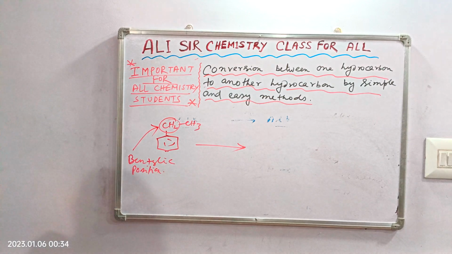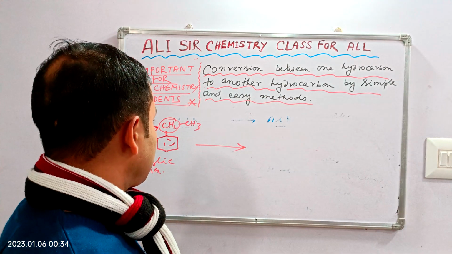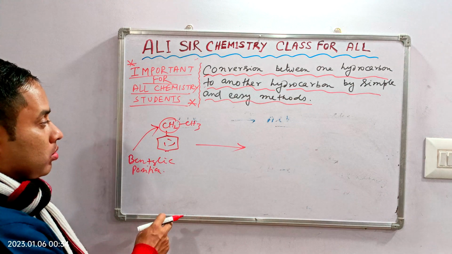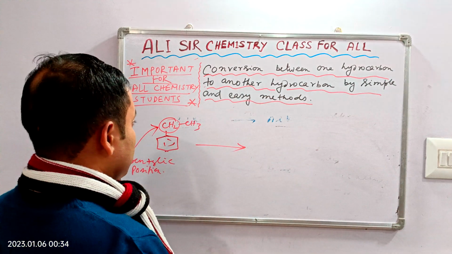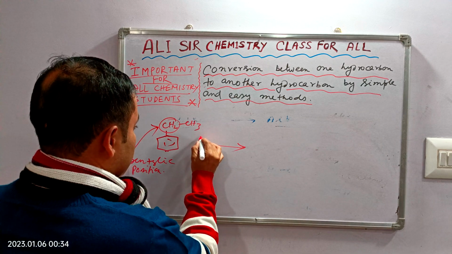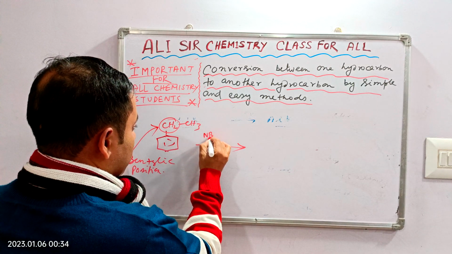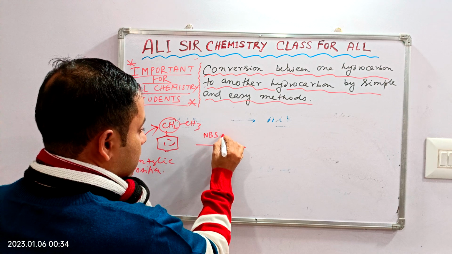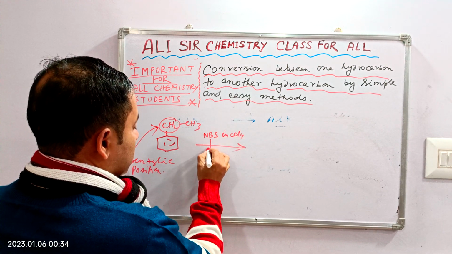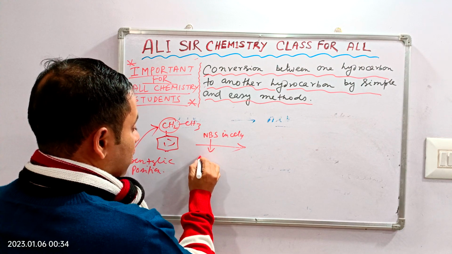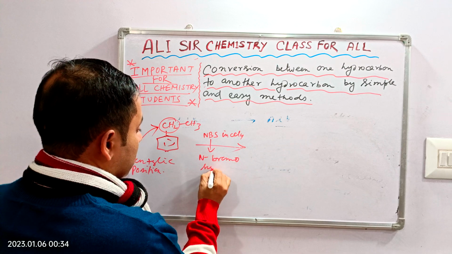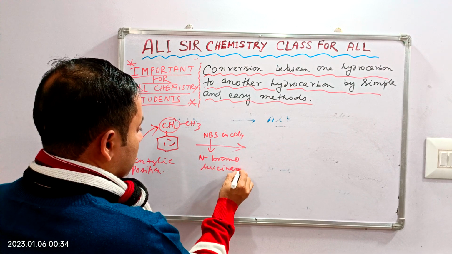We use many reagents for the conversion of ethyl benzene into ethyl bromobenzene. One of the most important reagents is NBS in CCl4. The full name is N-bromosuccinimide.